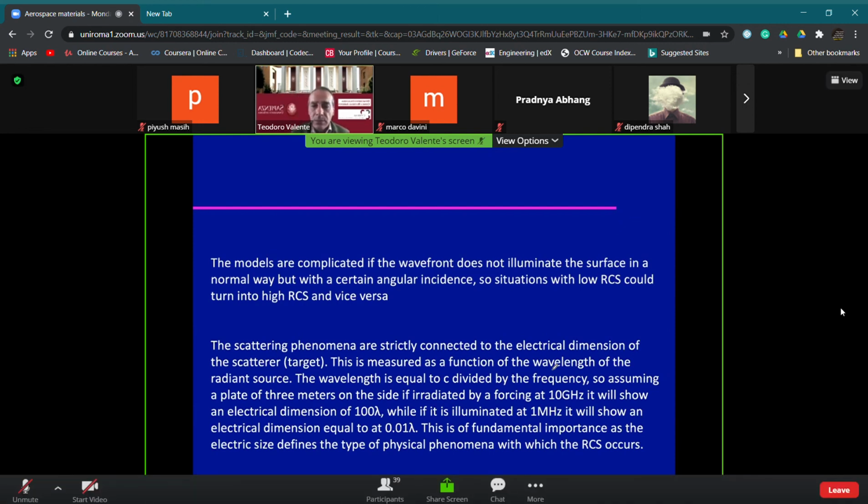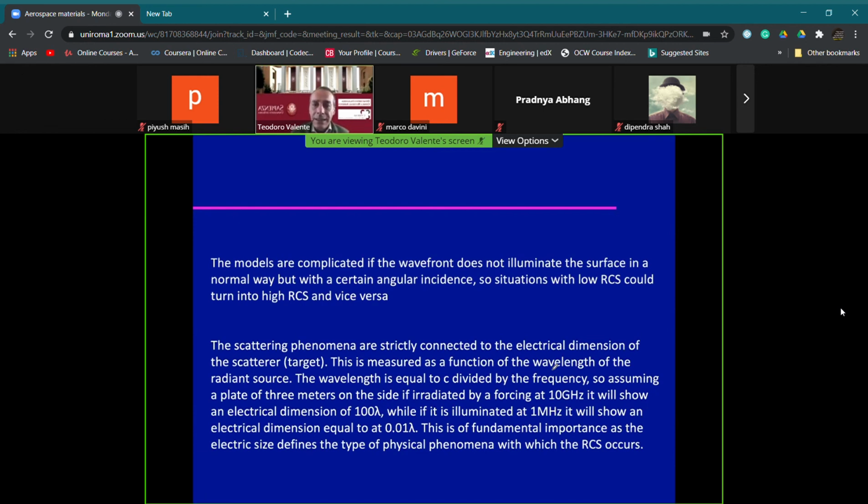They are synonymous. And this electrical dimension of the target or of the scatterer is measured as a function of the wavelength of the radiant source, that is the radar. The wavelength is equal to the speed of light, c, divided by the frequency.